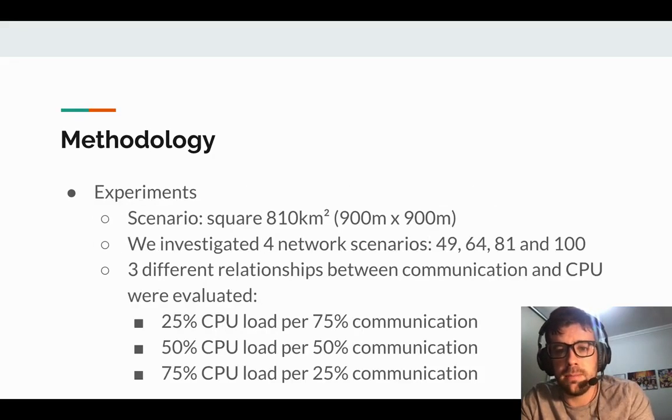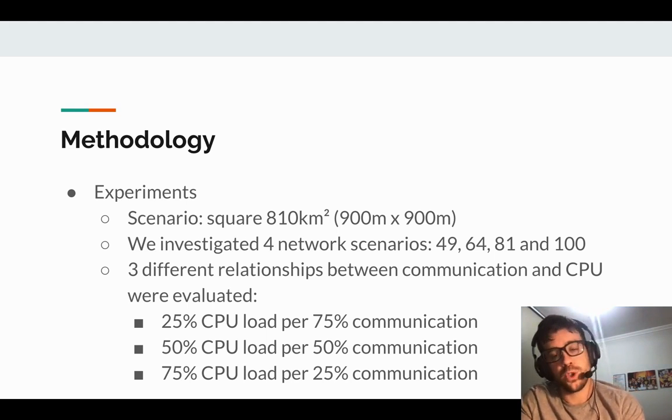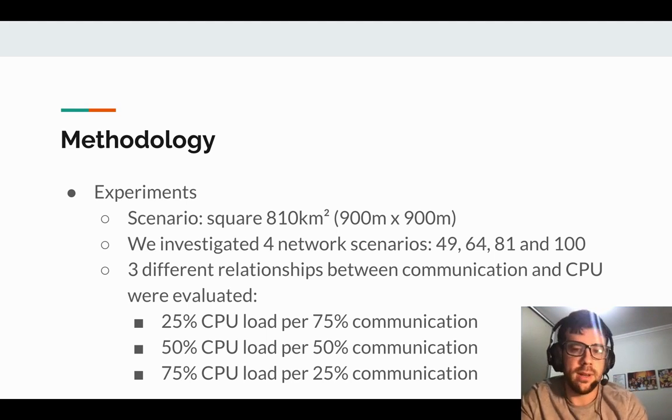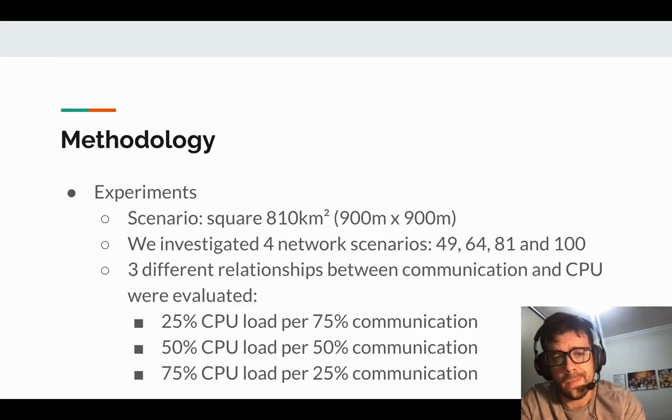Now the methodology used in the experiments. Our experiments were conducted in scenarios composed of a square measuring 810 square kilometers, and we investigated 4 scenarios of density, with 3 different relationships between communication and CPU loads in the nodes.